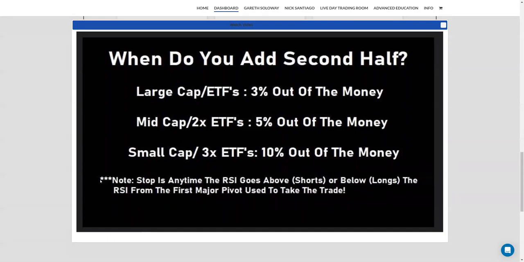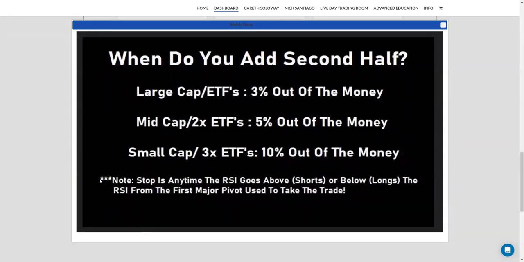So again, if you're shorting based on this signal, and you short it at, I don't know, 50 bucks, at 51.50, which would be a 3% move, or 52.50, not 350, yeah, about 51 and change, that's when you would pick up your next half position. You'd add your second half. On a mid cap or a 2 times ETF, it's based on 5% when you're out of the money. And on a small cap or a 3 times ETF, it's based on 10% out of the money. That's when you add it.